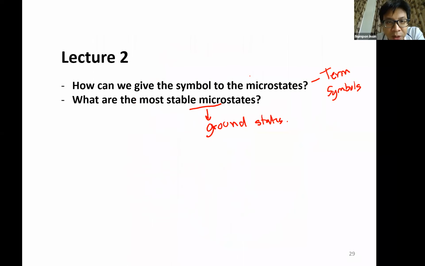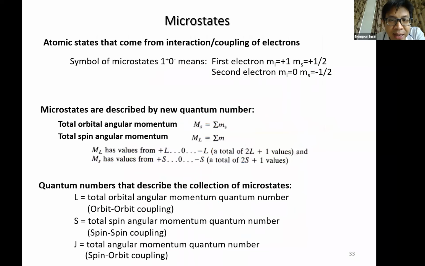Okay, so in a microstate like this, 1 plus, 0 minus means the first electron has ML of +1 with spin of +half. So 1 plus means this, and 0 minus is the second electron, with ML of 0 and spin of -half.